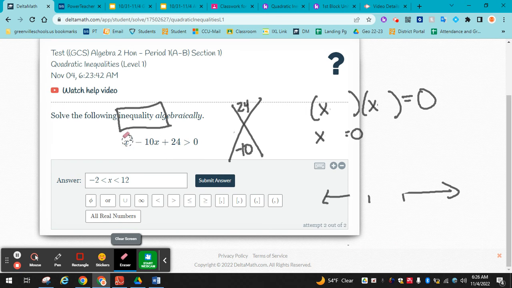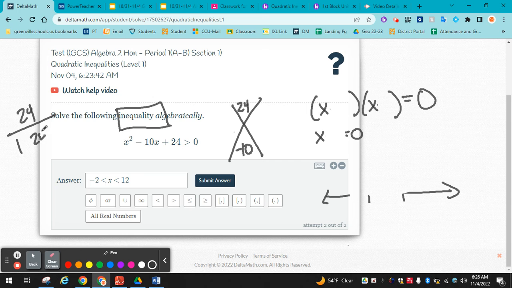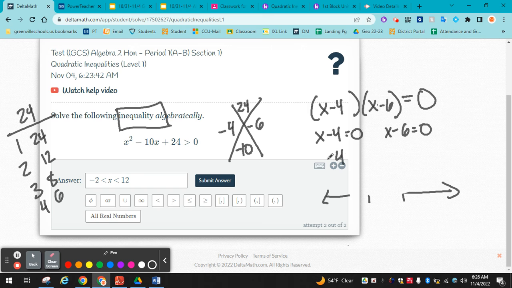Okay. So let me think of my numbers for 24. Again, 1 and 24, 2 and 12. That's what I used, but that doesn't work. 3 and 8. 4 and 6, there we go. 4 and 6, both negative. So x minus 4, x minus 6, and the solutions are 4 and 6.